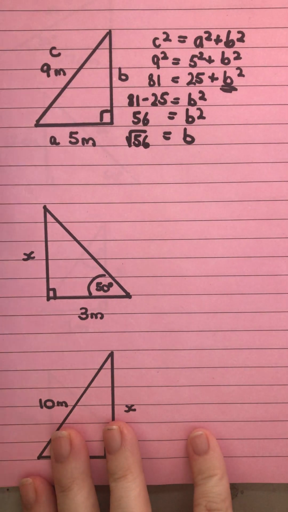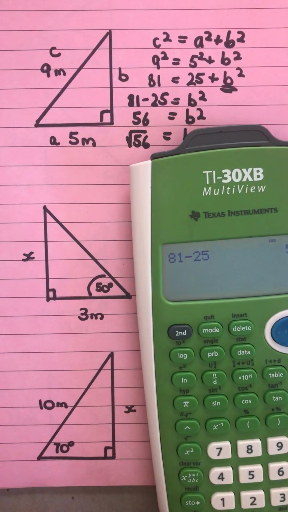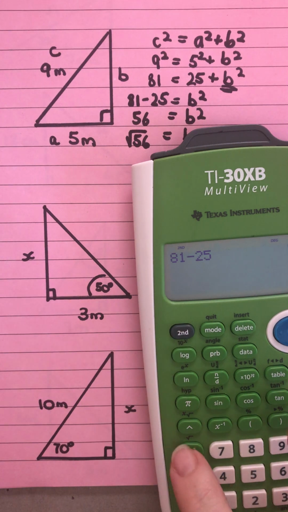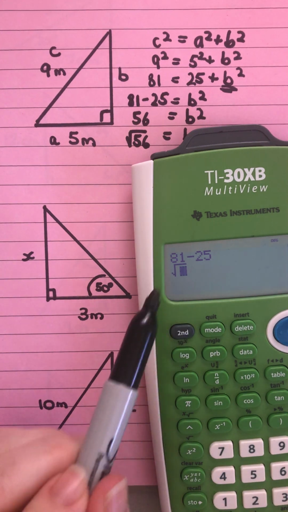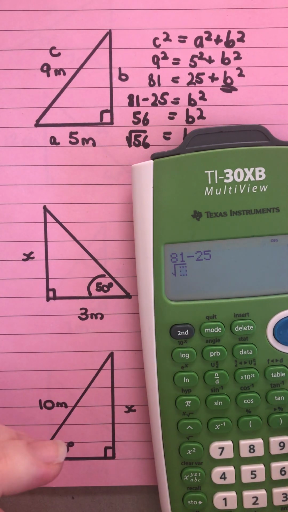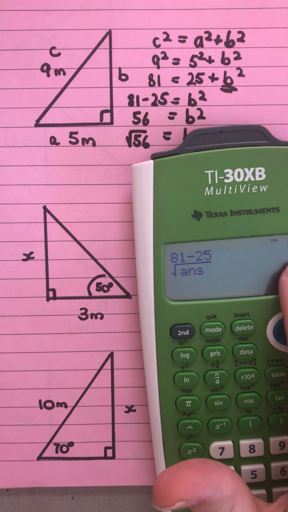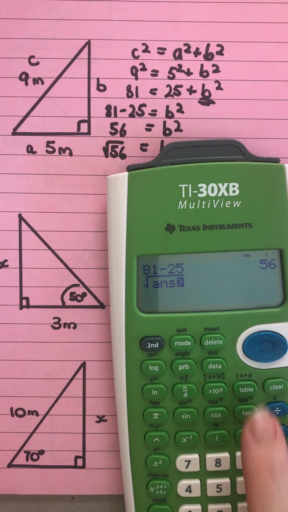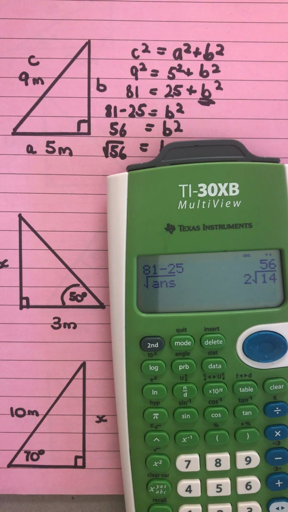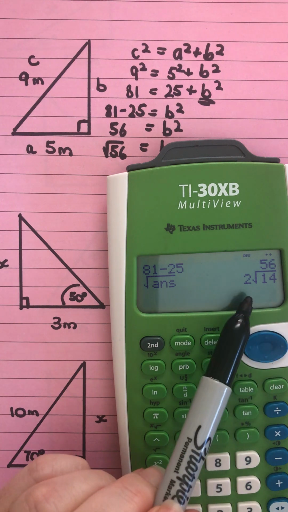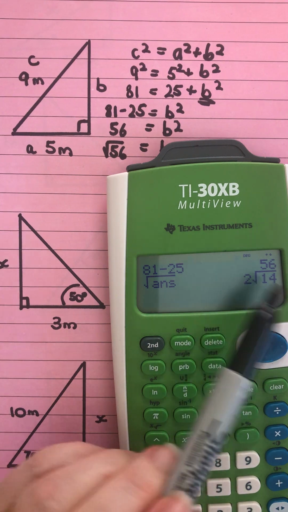Now when I do the square root of 56, I can do second x squared. That gets my square root sign on the calculator. Now what I can also do is use my previous answer, so that's why my 56 is up there on the screen. I can just bring it down, and it will do that answer for me. Now you might notice this on your calculator, 2 root 14. We want to get the decimal value of that.